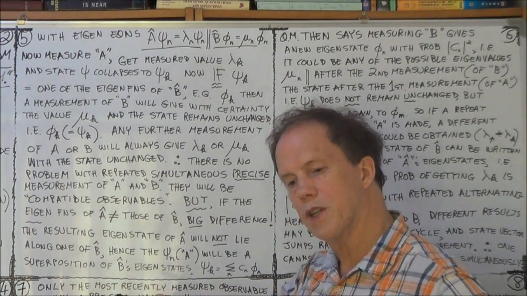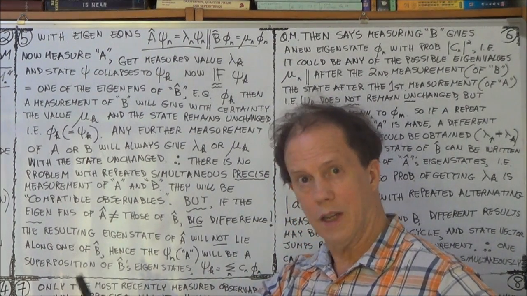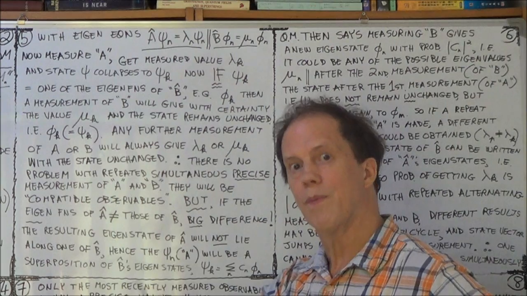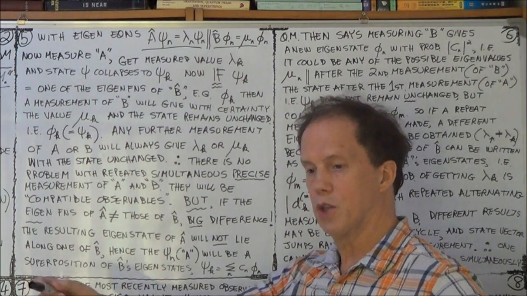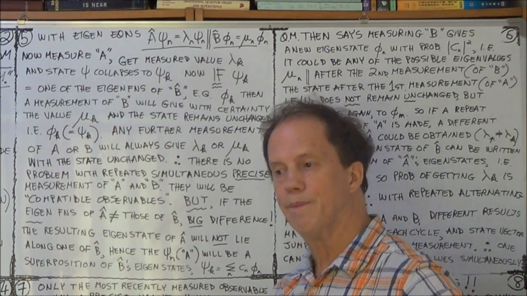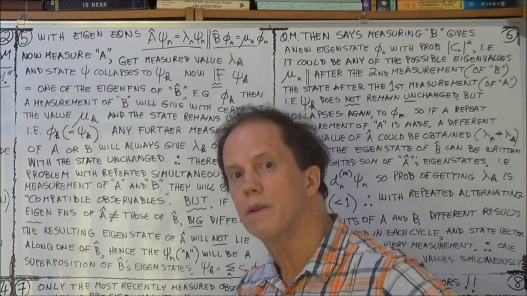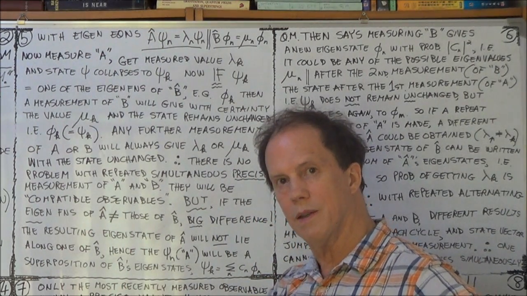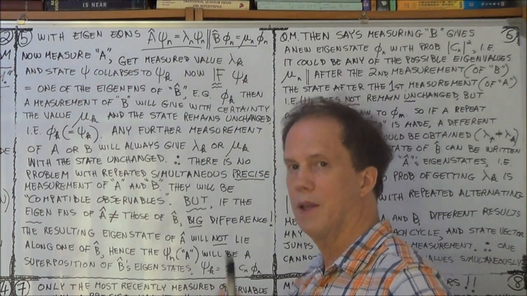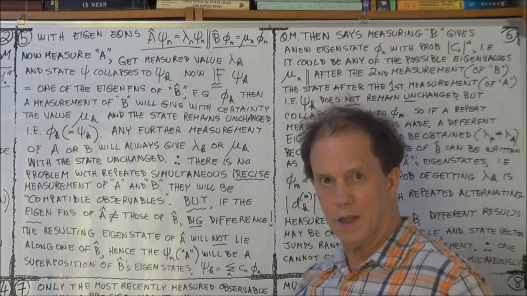If you know your wave function before the measurement is an eigenfunction of the observable that you're measuring, then for sure you will get the same wave function after the measurement. Your psi k before is the same psi k after the measurement. That's typical of when your wave function is an eigenstate.